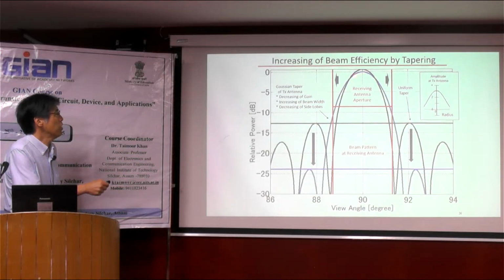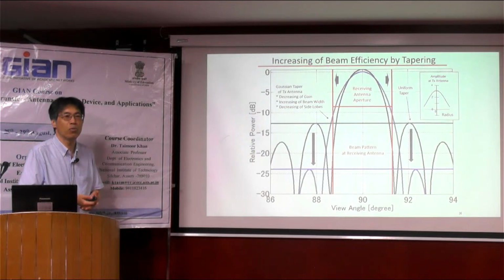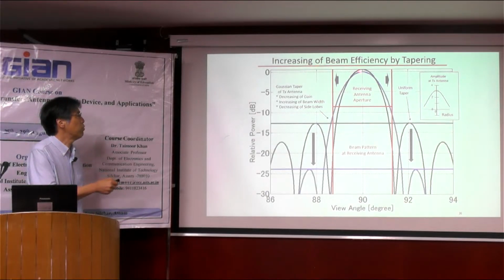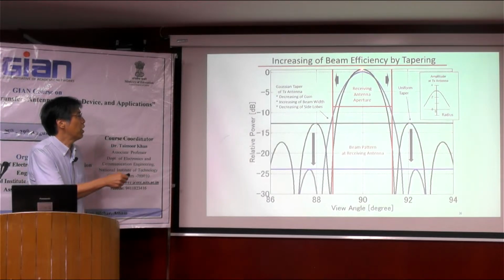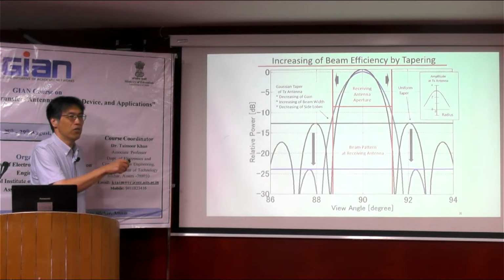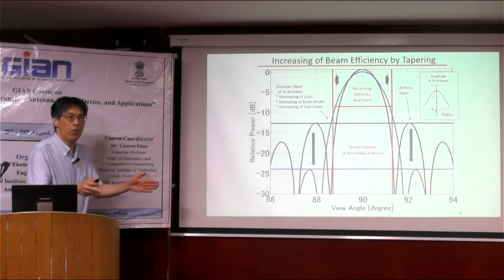This black line indicates the waveform by the uniform normal aperture antenna, and we normalize the front gain. If we adopt a Gaussian beam, here you can see the front gain decreases, but the main beam becomes fat.